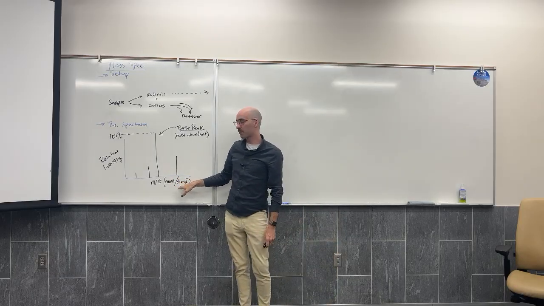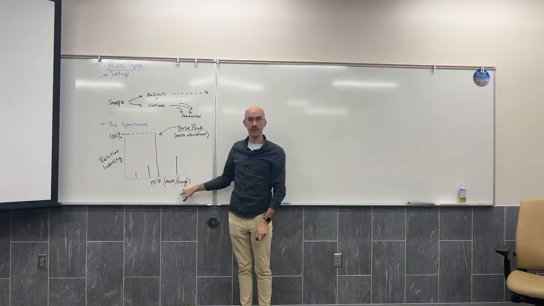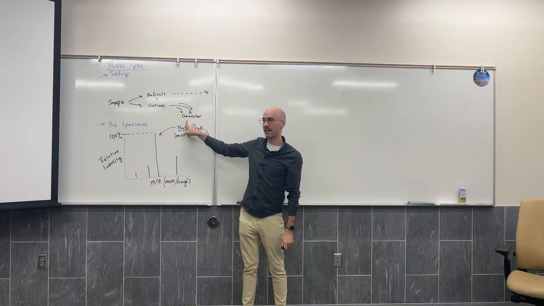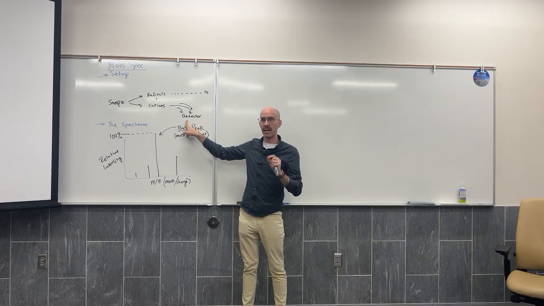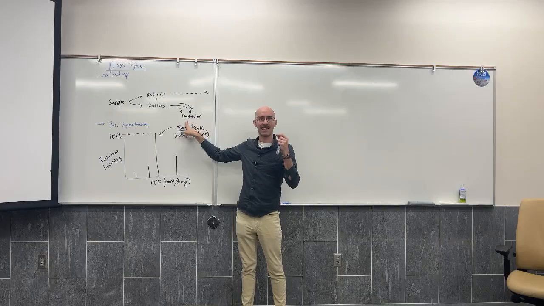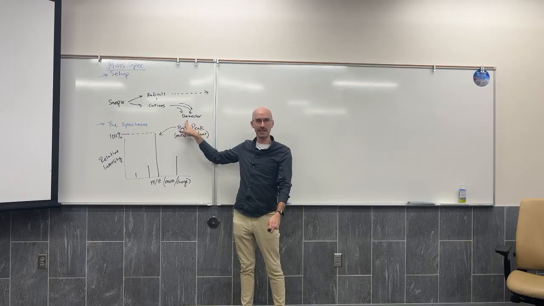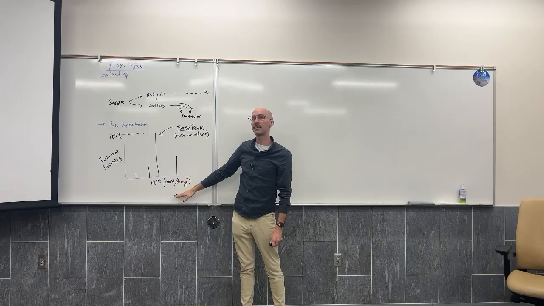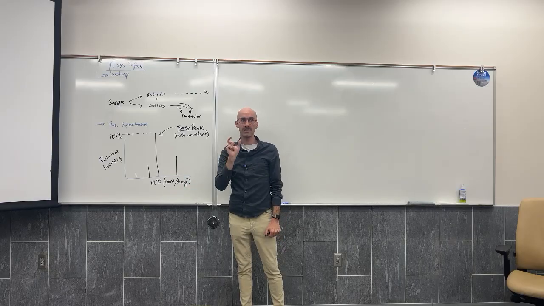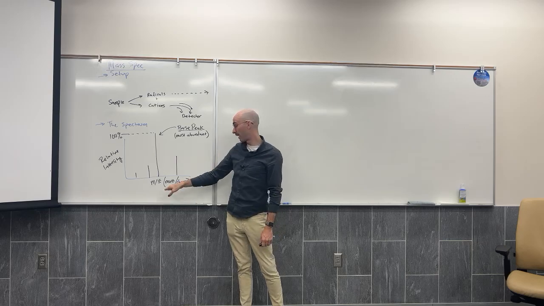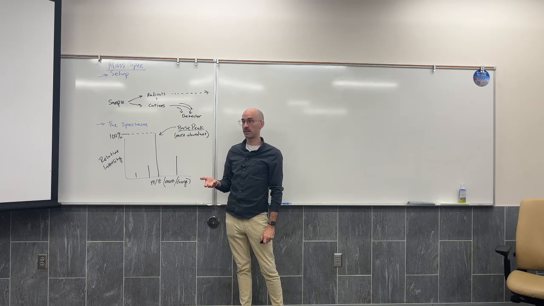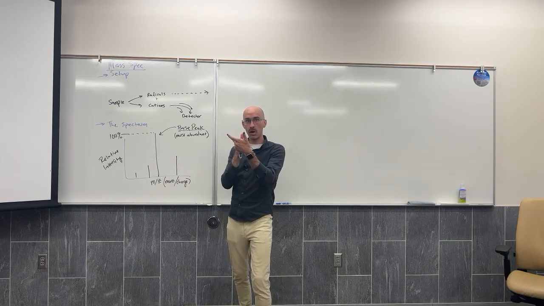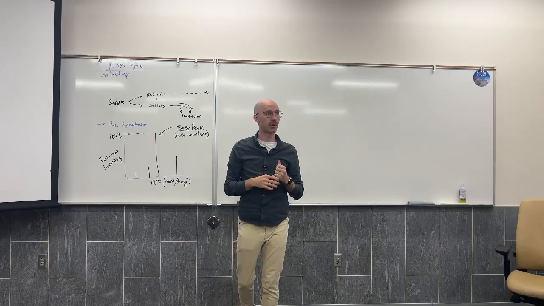If I have a fragment that has a 2+ charge, it's going to hit my detector at a place where the detector thinks it's half the mass because of how easily it pulled it. This is not necessarily the mass of what's hitting the detector. It could be the mass divided by 2 of what's hitting the detector if one fragment has 2 electrons picked off of it.